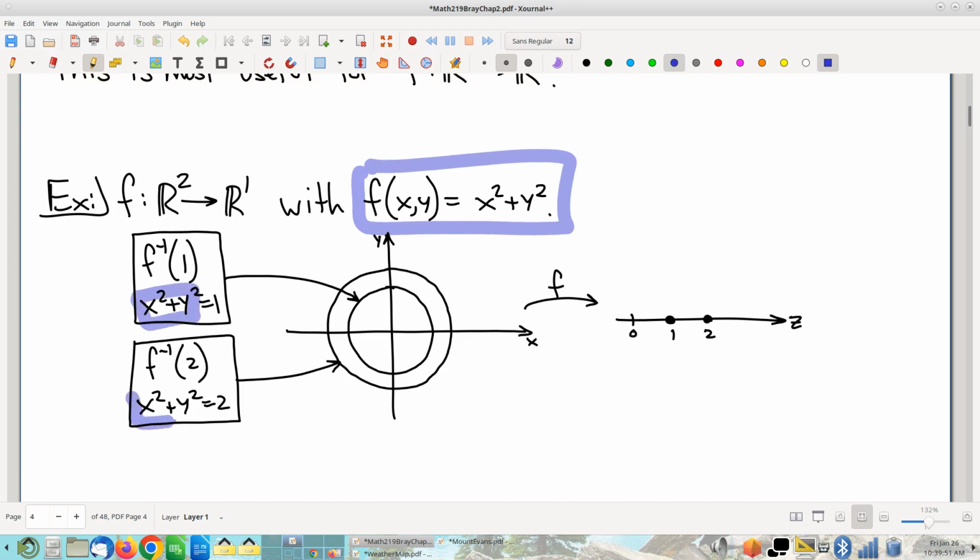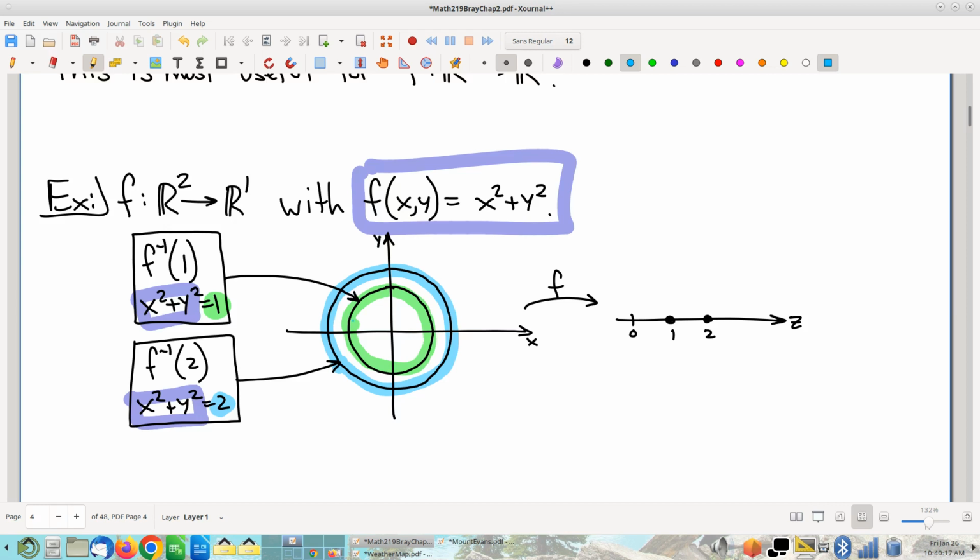And you set your function equal to various different values and then draw the resulting pictures. So for example, if I set the value of the function, f of x comma y, equal to 1, I get this equation, x squared plus y squared is 1. Y'all know what that is. Old news, that's a circle.